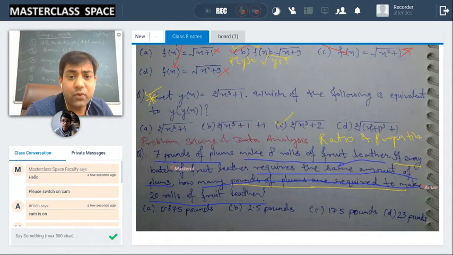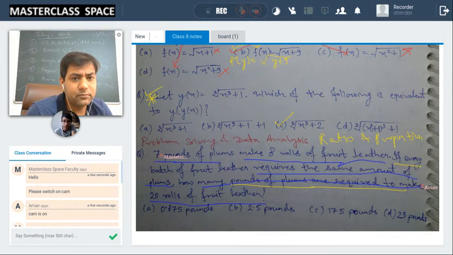If every batch of fruit leather requires the same amount of plums, that means if you want to make 4 fruit leather, then how many plums are required?